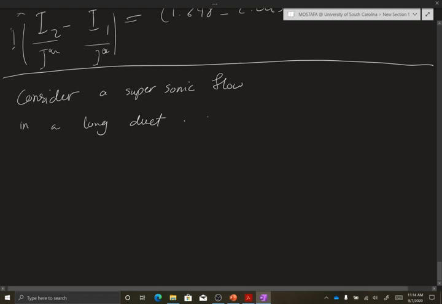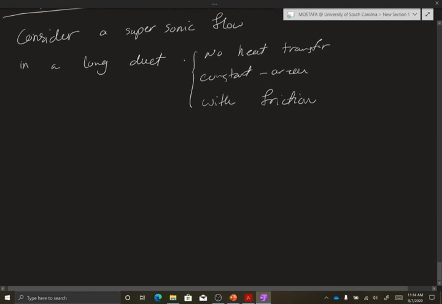No heat transfer, constant area, with friction. So Fano flow. Okay.